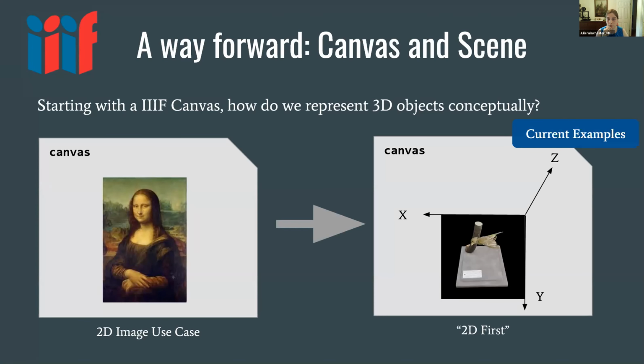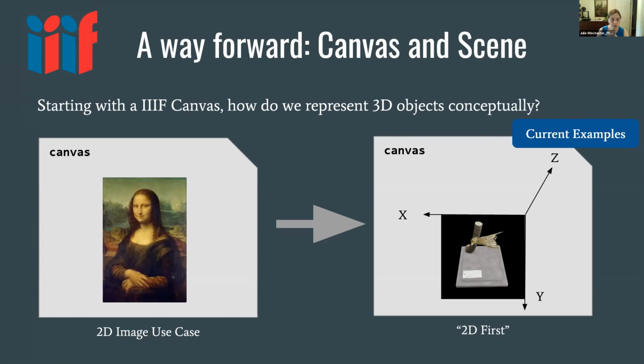The way current examples of working with 3D in IIIF work is they maintain that canvas, and then they place a single painting annotation of a GLB 3D model file on the canvas. At least for the two extensions in the Universal Viewer that can currently handle 3D, that's Model Viewer and Aleph, those viewers know, okay, I have a 2D canvas, I am going to take this 3D object and place a 3D space on the 2D canvas, or you could even think of it as placing a viewport into that 3D space on the 2D canvas.